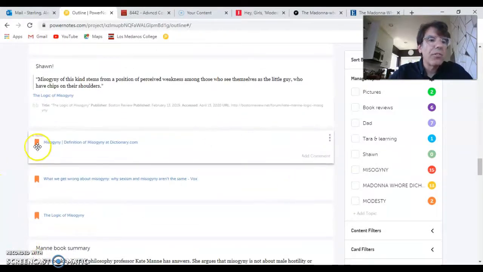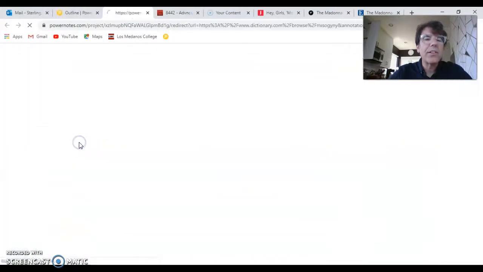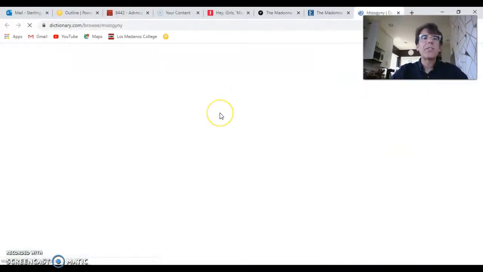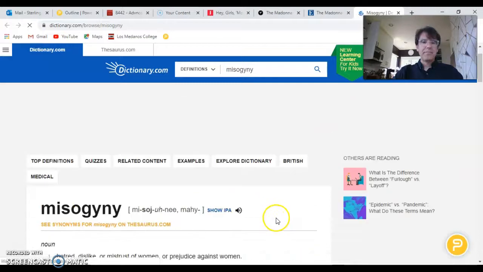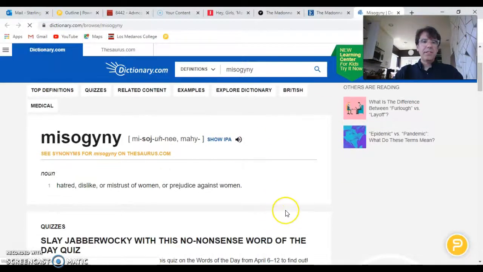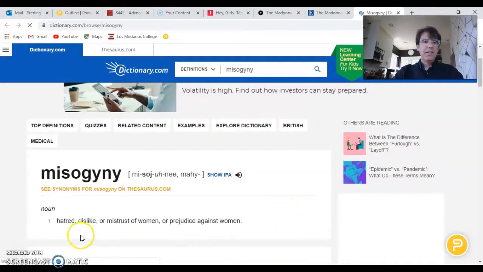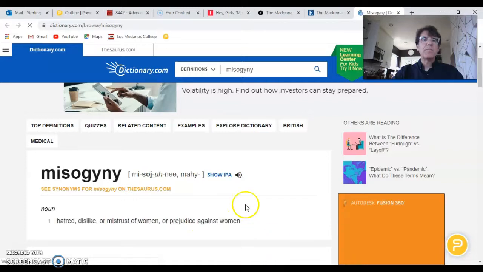Okay. So for a word like this, I think going to dictionary.com is a good way to start. So here's the definition. Misogyny, hatred, dislike, or mistrust of women, or prejudice against women.